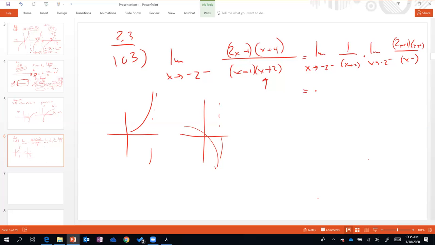And again, it's because of sign changes. It's all about signs. We don't care about anything else here.